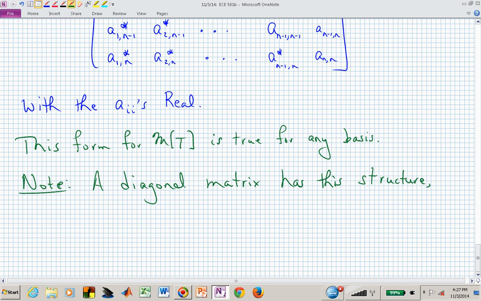As long as those diagonal entries, those scalars on the diagonal, are real. So a diagonal matrix has this structure if the diagonal elements are real.